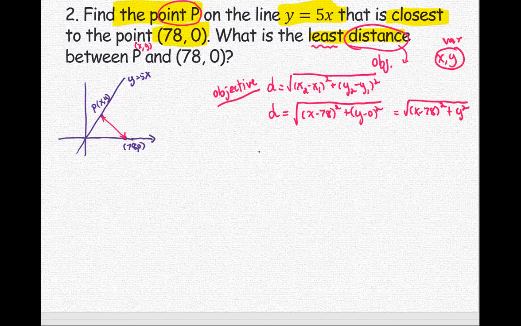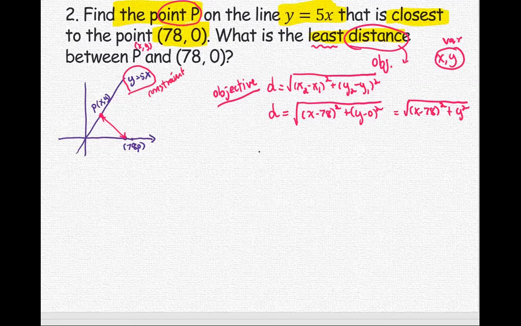Now we're going to use a constraint to see the relationship of x and y. Since the ordered pair x comma y is on the line y equals 5x, any value of y is 5 times the x value. So that is your constraint.